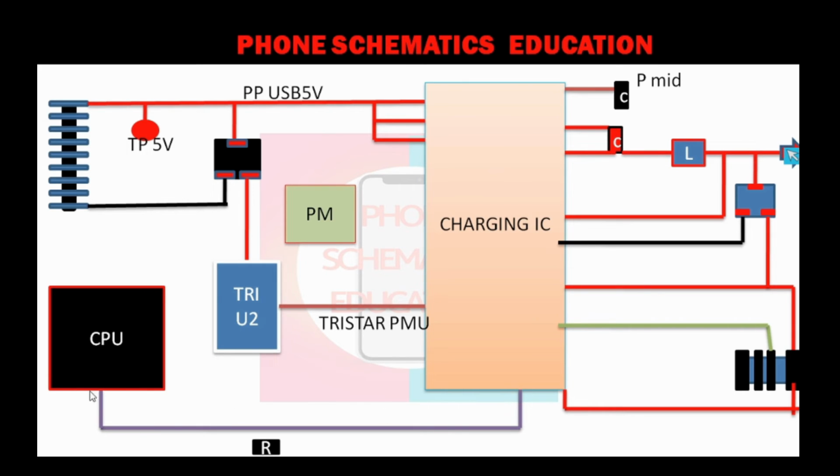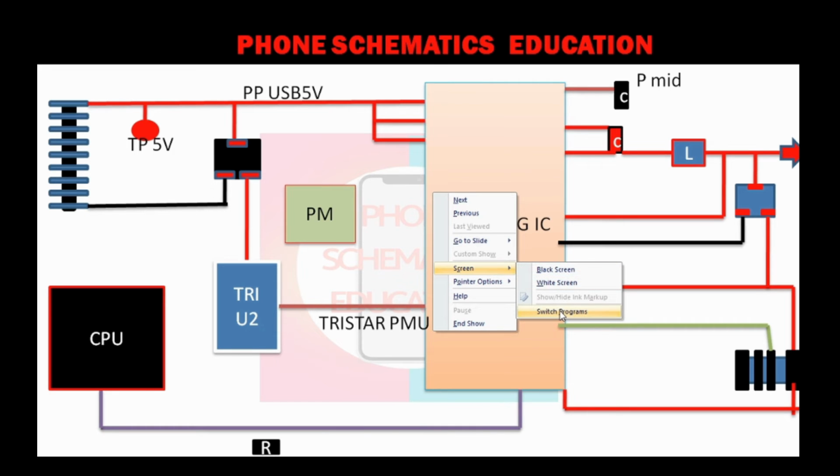This line is called HDQ host. I hope you get my point, and you will understand clearly whatever I teach you. If you have any doubt, just comment on this video. So I hope you are clear about this line and this line, HDQ gauge and HDQ host.